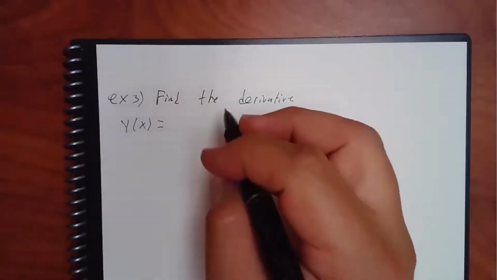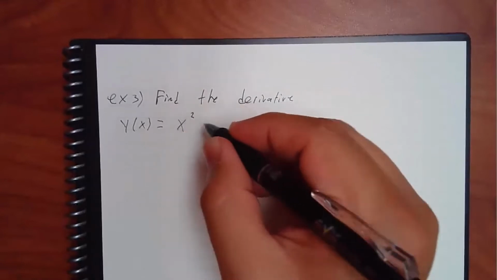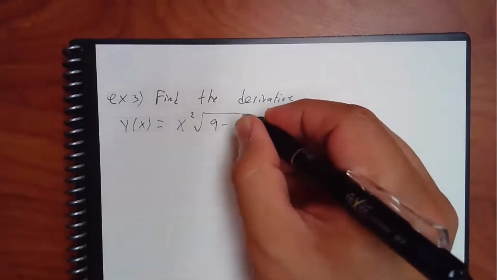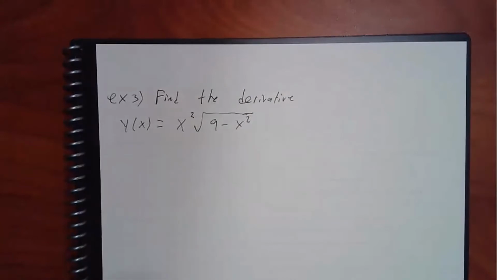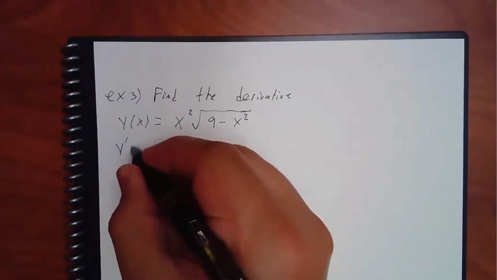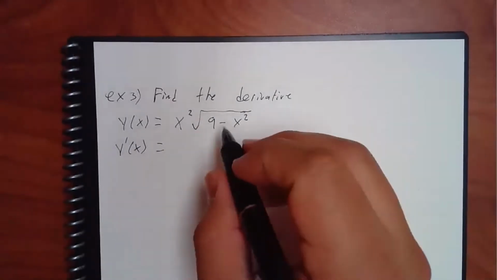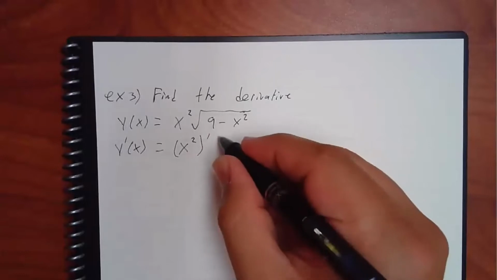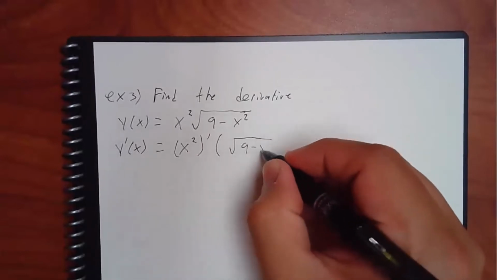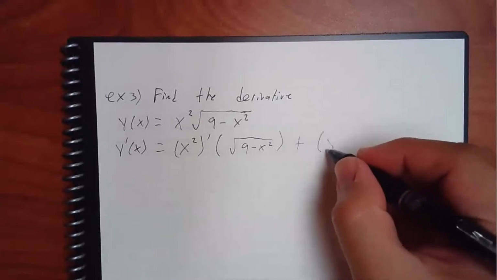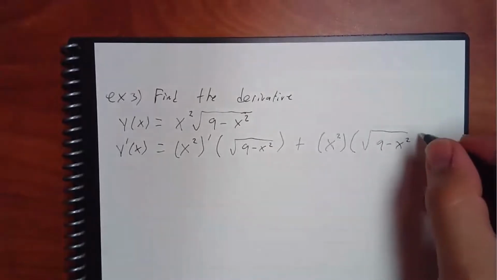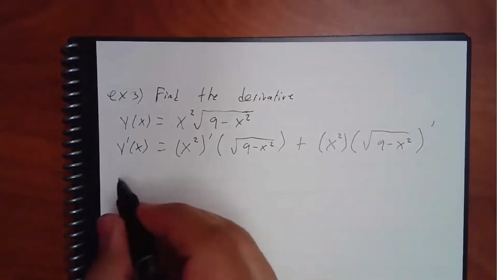Or you don't have to write y of x, but I just do it just because. Okay, so the derivative. Technically, we have a product, so it's going to be the derivative of the first part times the second part plus the first part times the derivative of the second part. So I'm going to show each step.